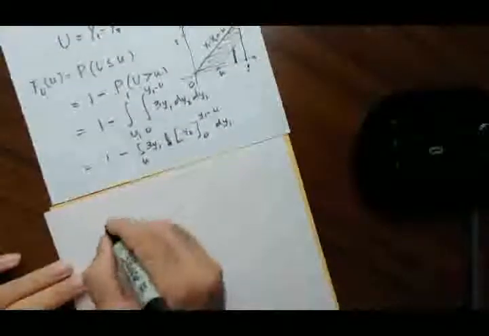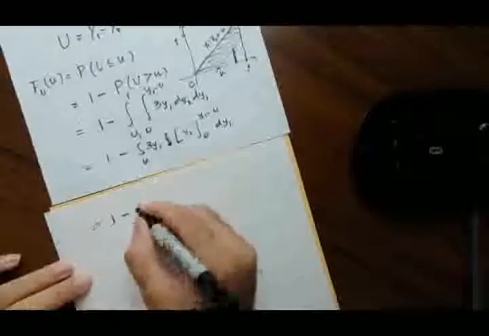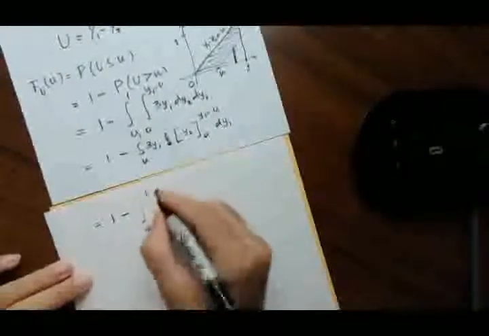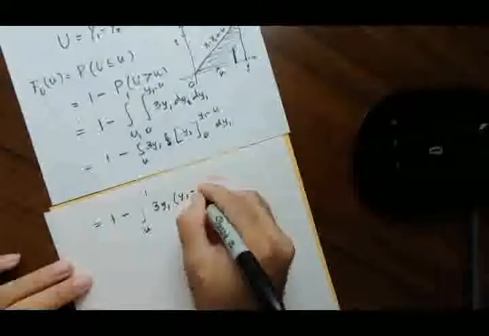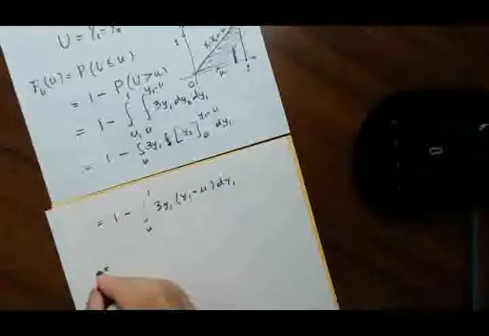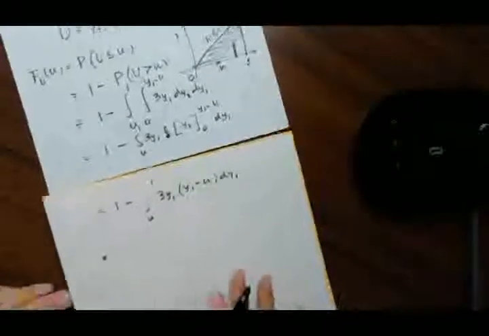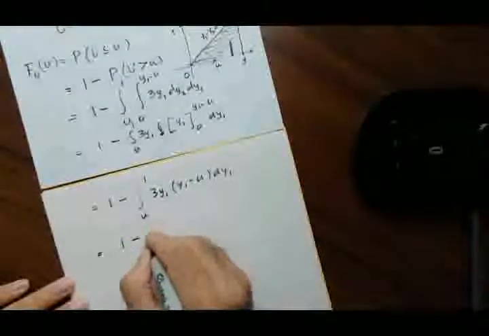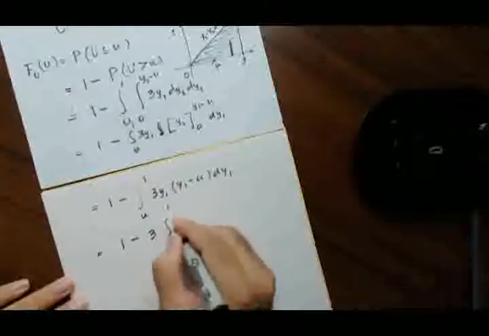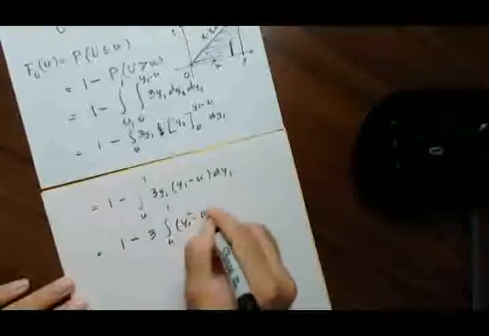And then that will be 1 minus the integral from u to 1 of 3y1 times y1 minus u dy1. And you do the integration, 1 minus, this will be 3, then u to 1 of y1 squared minus u y1 dy1, and we do all that.